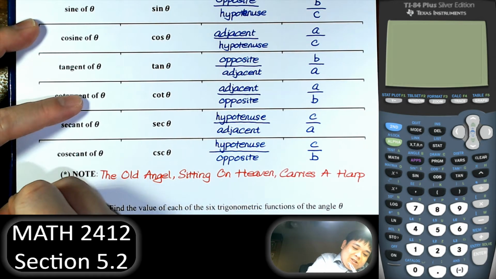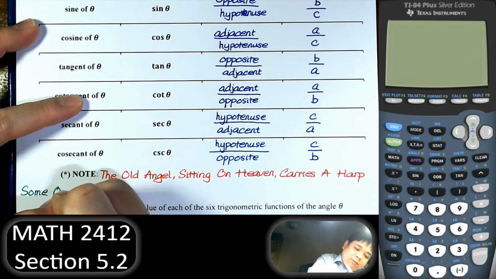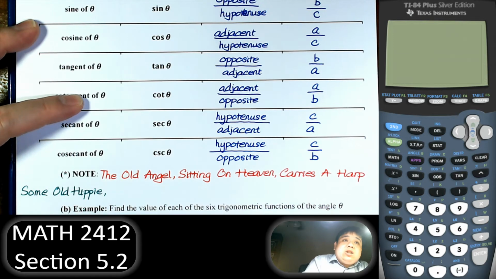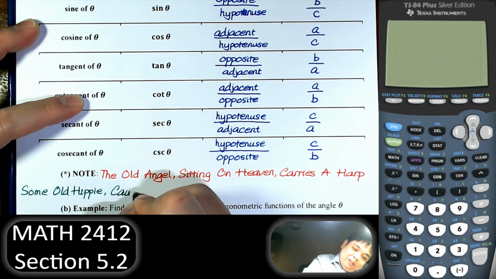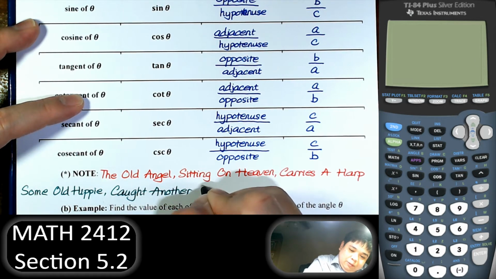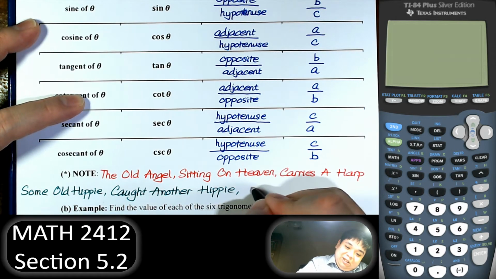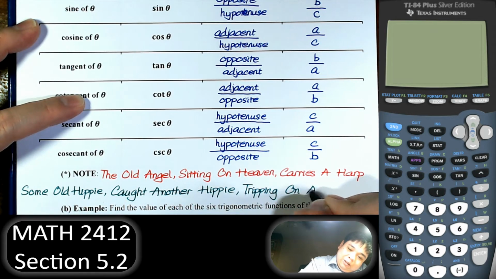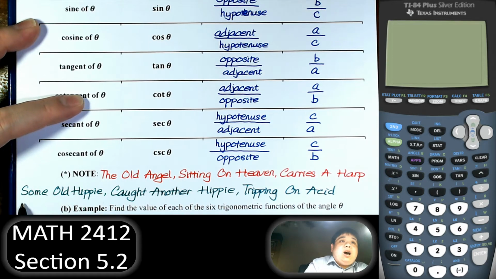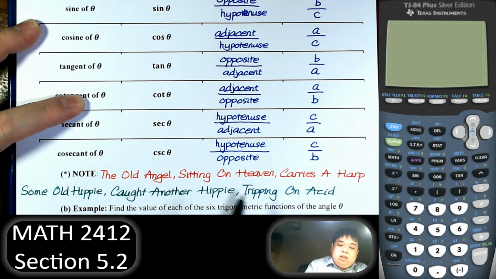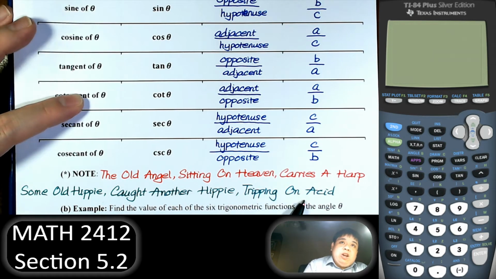Some old hippie got another hippie. So sine is opposite over hypotenuse, cosine is adjacent over hypotenuse, and tangent is opposite over adjacent.